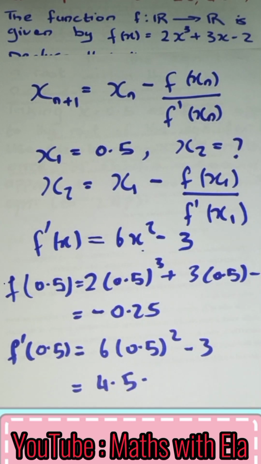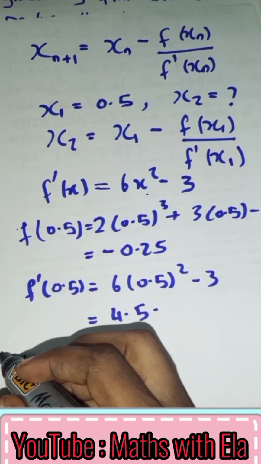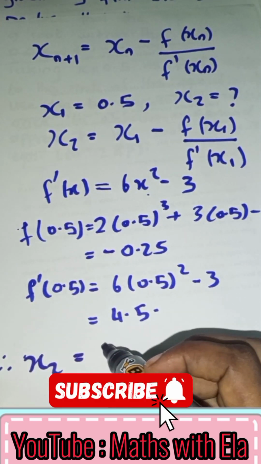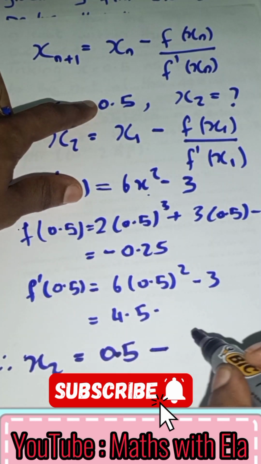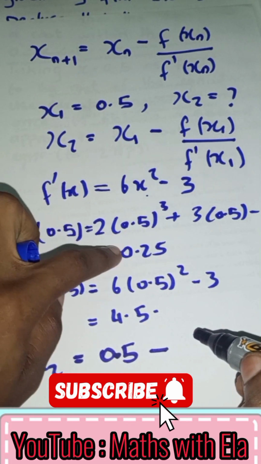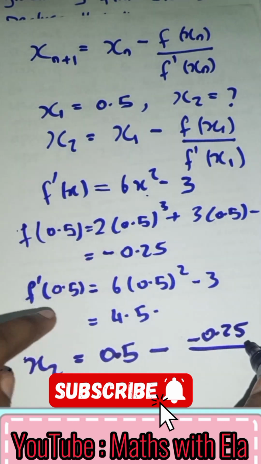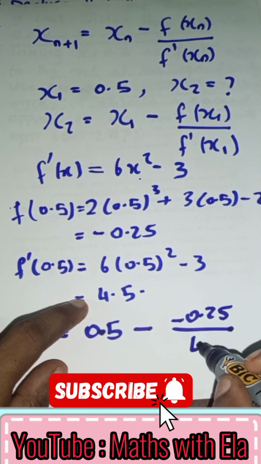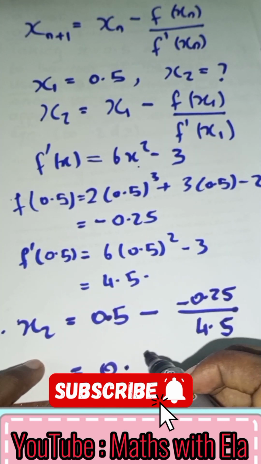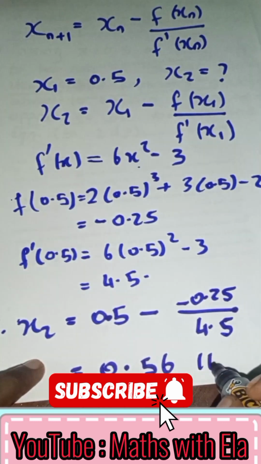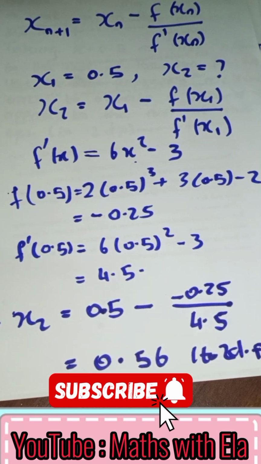So now we can obtain x2, and x2 would be equal to x1, which is 0.5, minus f at x1, that is negative 0.25, over f prime at x1, that will be 4.5, and punching this on your calculator we are going to obtain 0.56 to 2 decimal places as indicated in the question.